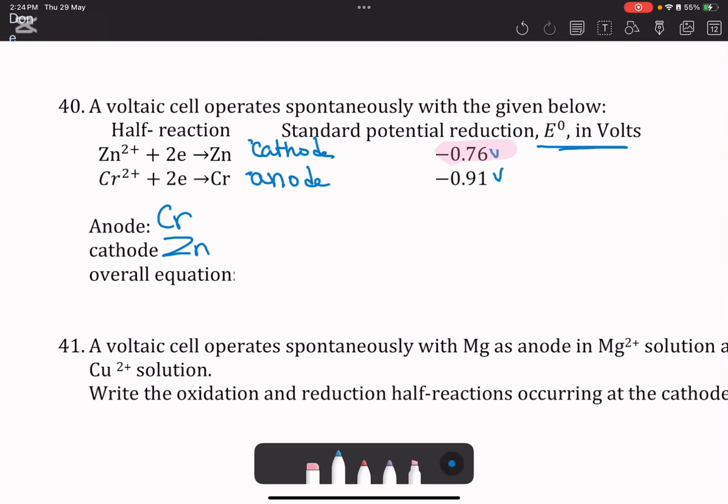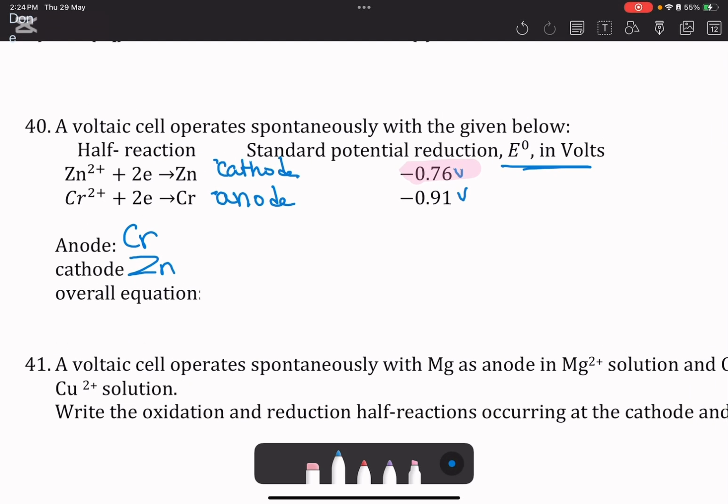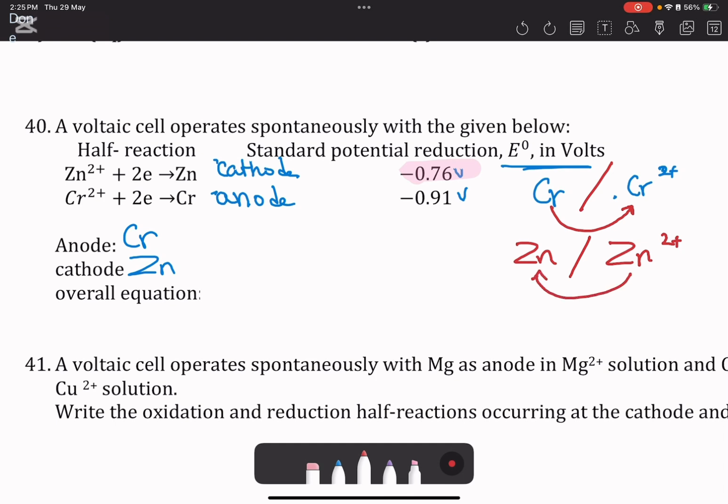This is simple. As I mentioned previously, at the anode, it's the metal giving the ion. You see, when I wrote it like that, it's the metal giving the ion. At the cathode, it's the ion giving the metal.